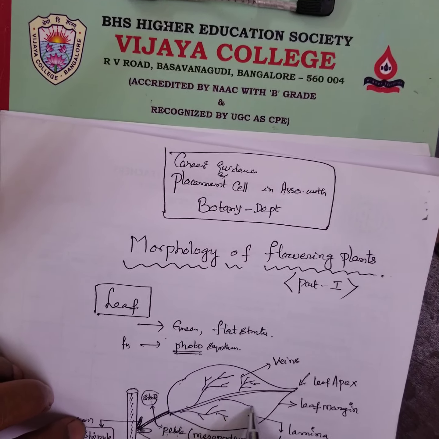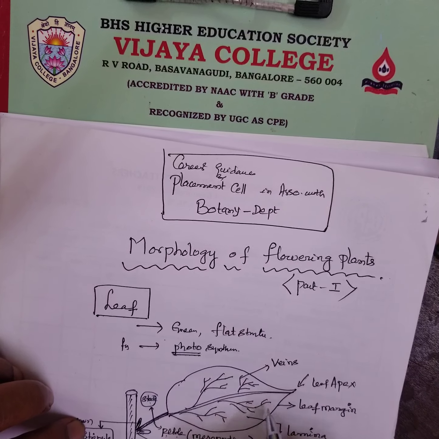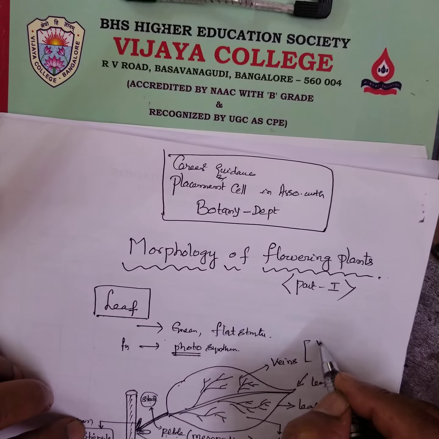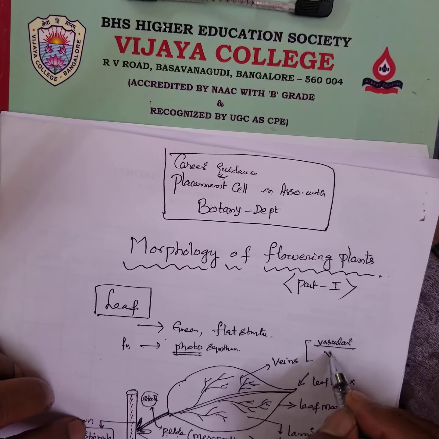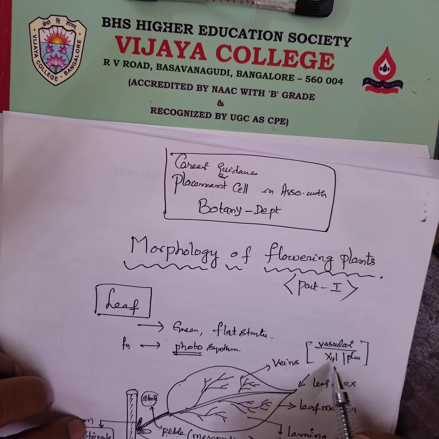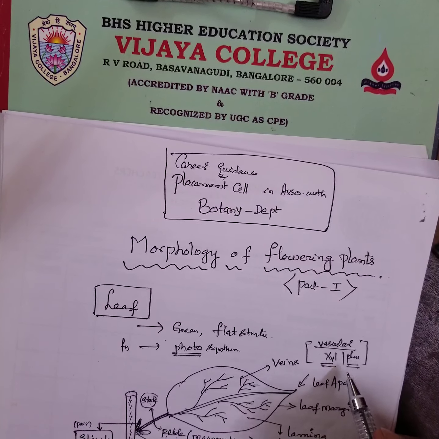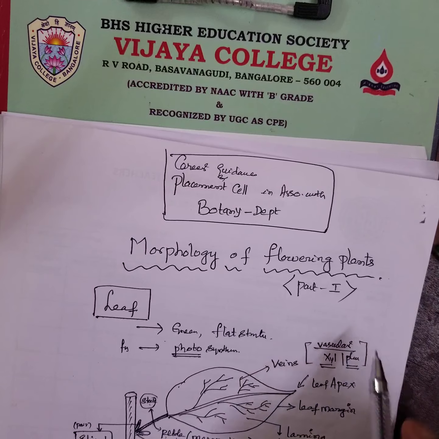In veins, vascular connection comes in. What do you remember with vascular? Xylem and Phloem, which is water conducting and which is food conducting, you have to know. Okay, right.